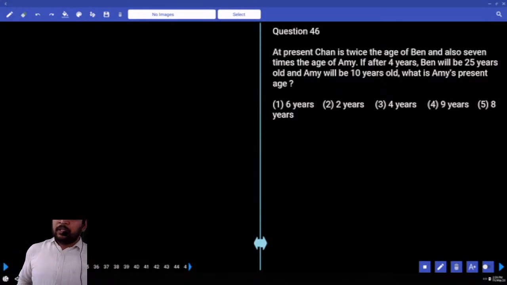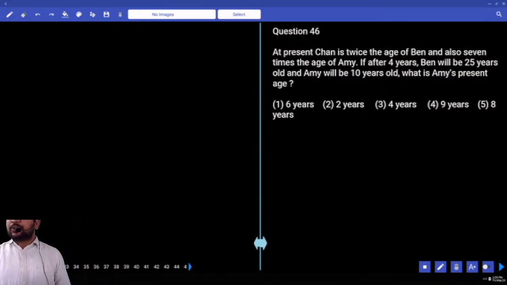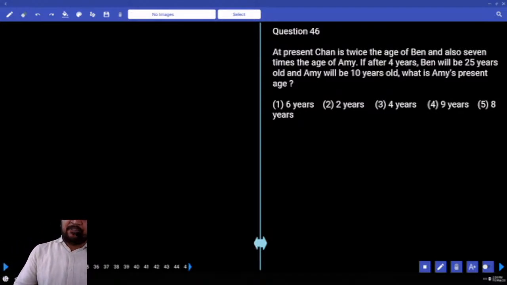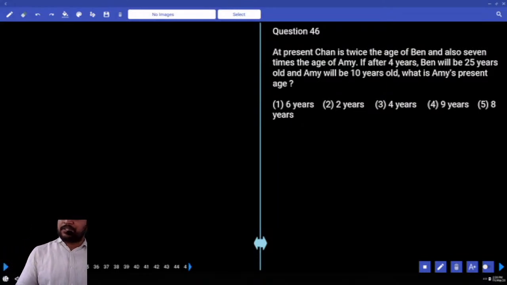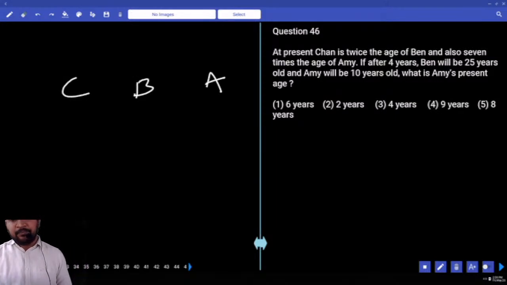Now, at present, Chan is twice the age of Ben and also 7 times the age of Ami. If after 4 years Ben will be 25 years old and Ami will be 10 years old, what is Ami's present age? Look at it here, all of you. Chan is twice of Ben and also 7 times of Ami.